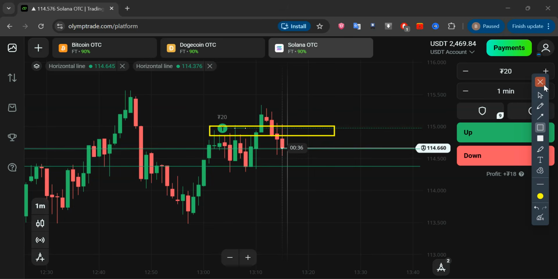So it seems the sellers are becoming stronger in this case, so they might break this level of support and resistance, but let's wait and see what happens.